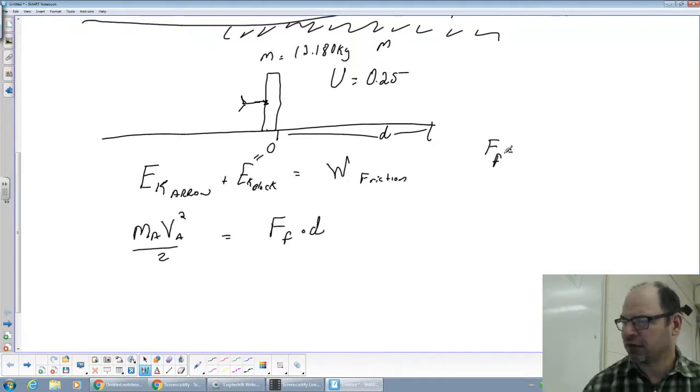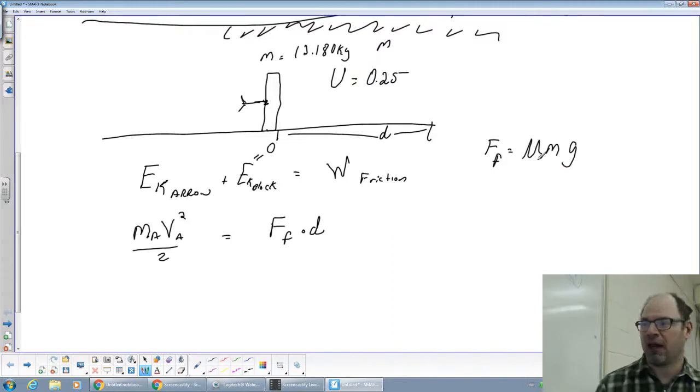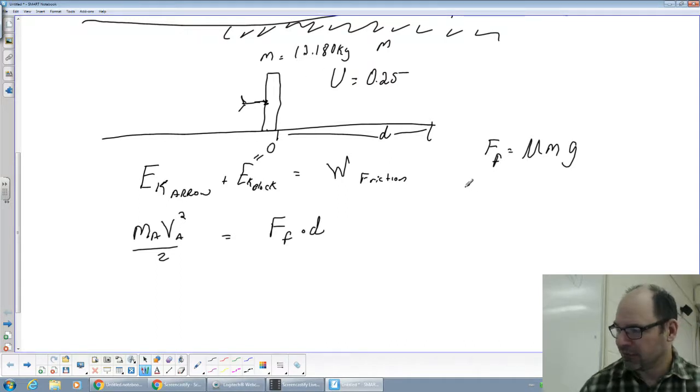So the force of friction is going to be mu times m times g. And this m is going to be the mass of the block and the arrow together because we're looking at the total mass here. So in our case, that's 0.25 times the mass, what did I say, 13?